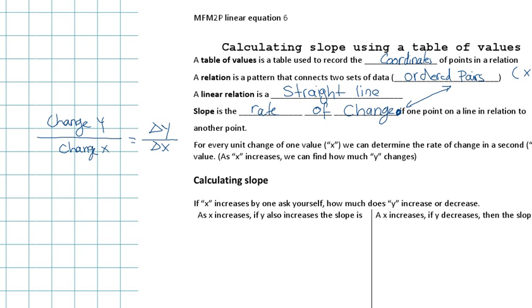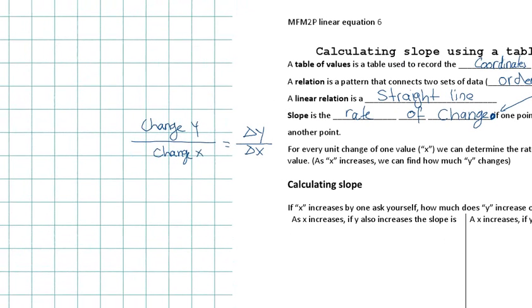That is y2 minus y1 over x2 minus x1. Right? And they all mean exactly the same thing, or rise over run. Change in y over change in x, also written as delta y over delta x.